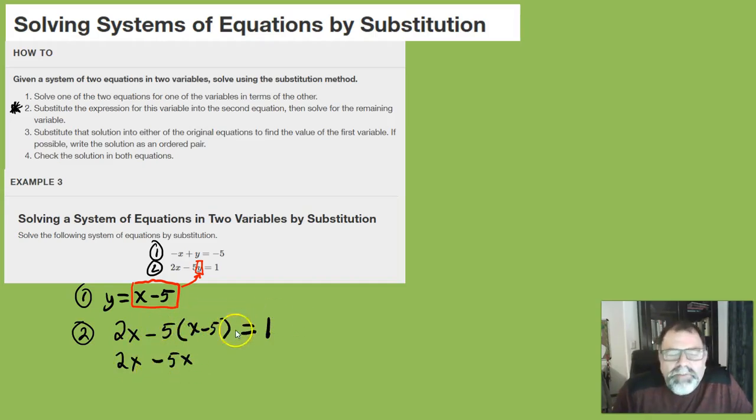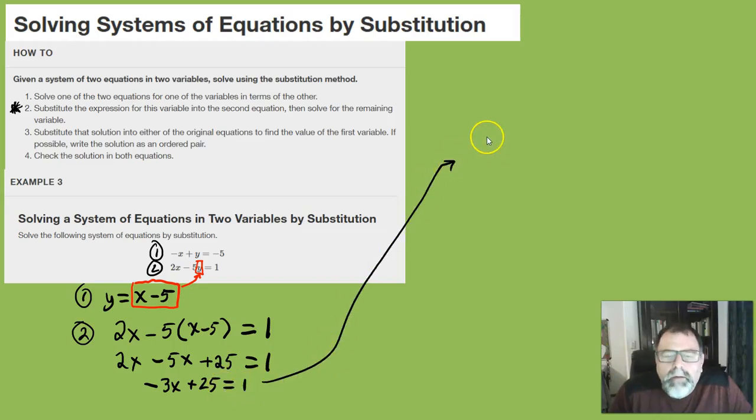We're going to solve this resulting equation now. That's step 3 up here, or no, the second half of this one. Solve for the remaining variable. So we're going to solve for x now. Negative 5 times negative 5 is positive 25. And then combine like terms, so we get negative 3x plus 25 equals 1.